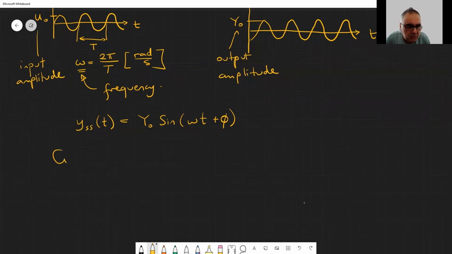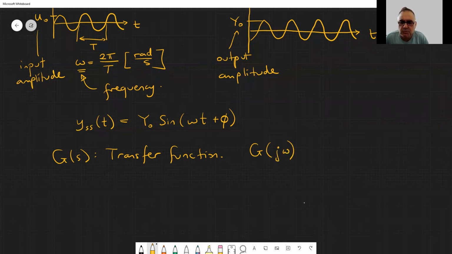Now, G(s) is the system transfer function. If, instead of s, you substitute j omega, what we get is called the frequency response of a system.